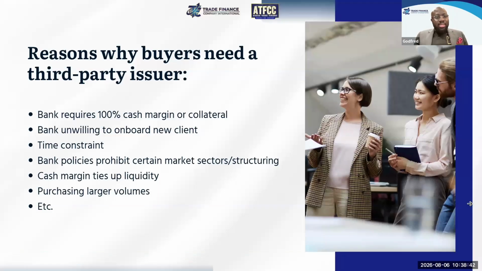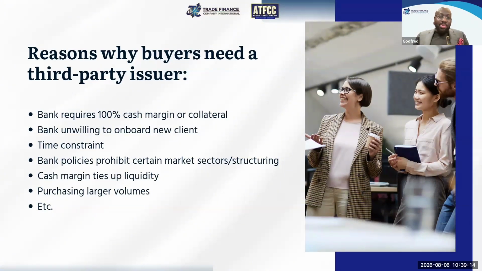So, reasons why buyers need a third-party issuer. Banks normally require 100% cash margin or collateral. And there are some cases whereby some banks are unwilling to onboard new clients. Also, time constraints. If you're going through the normal banking channel, you need to go through their due diligence, their compliance, and that takes time before the collateral cash margin must be placed before the credit line is approved.